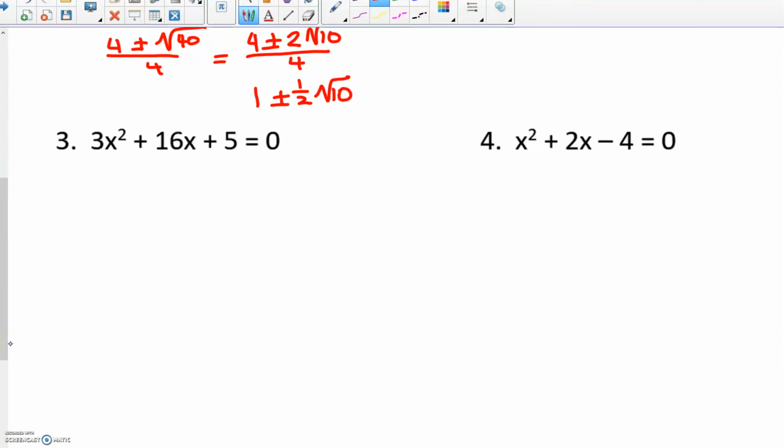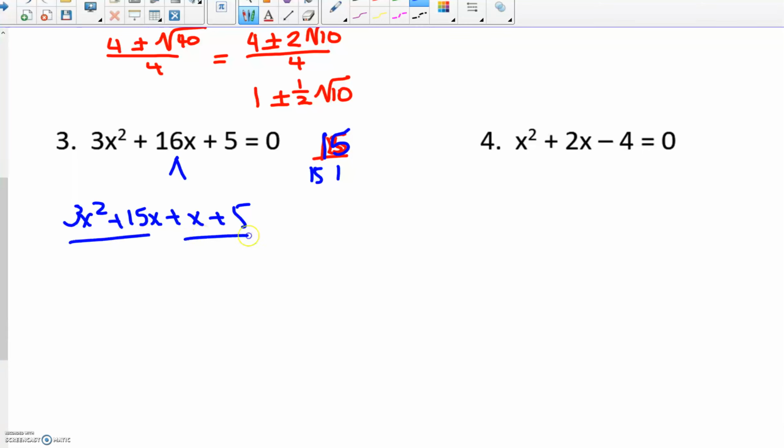Number 3, on this one, let's see, if we tried to do the factoring method, I'm going to get 15, and I keep getting the wrong thing. I get 15, and that's going to be a 15 and a 1, so this will factor. So I get 3x squared plus 15x plus x plus 5, group.